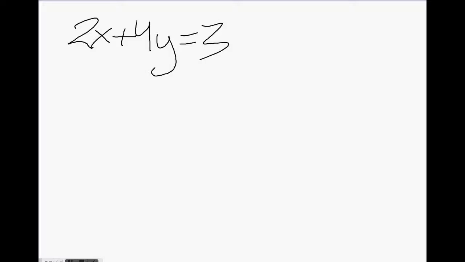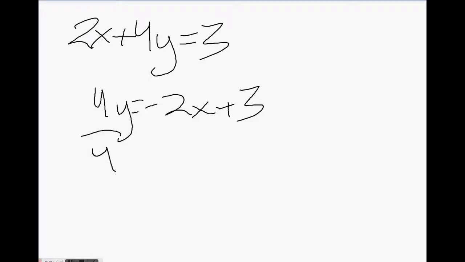Okay, so let's just move it to the x. So you're going to have 4y equals negative 2x plus 3. There you go. That is y equals negative 2x plus 3. And if you had to get y by itself, you would divide each number by 4.